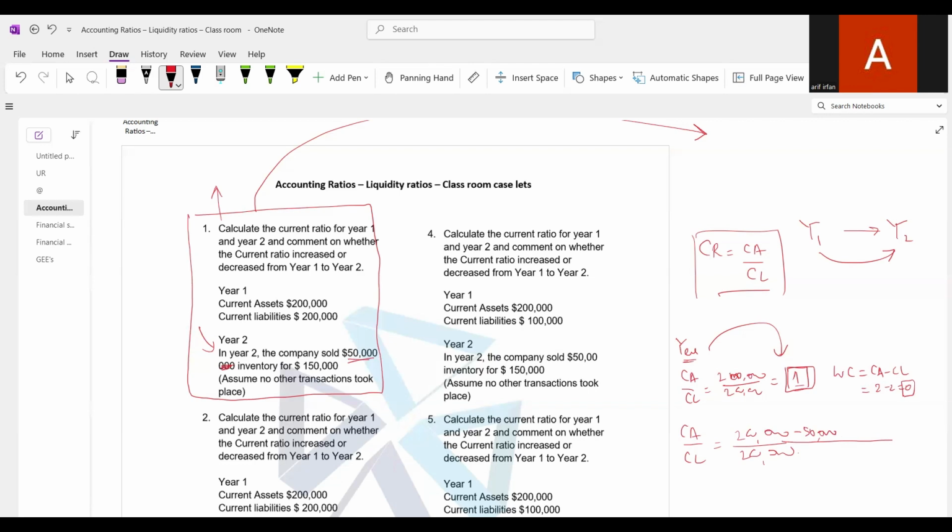फिर क्या हुआ उसके बाद? Cash increased by 150,000. Excellent. 50,000 inventory decrease and 150,000 cash increase, both are current assets. Is it hitting current liability?